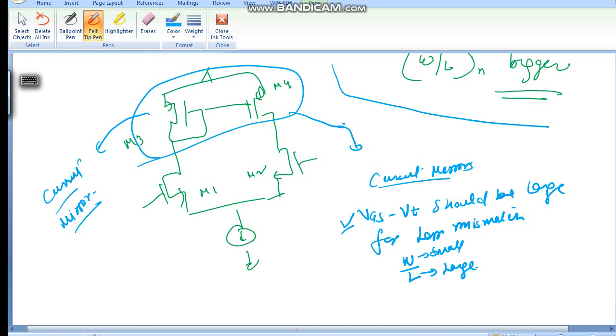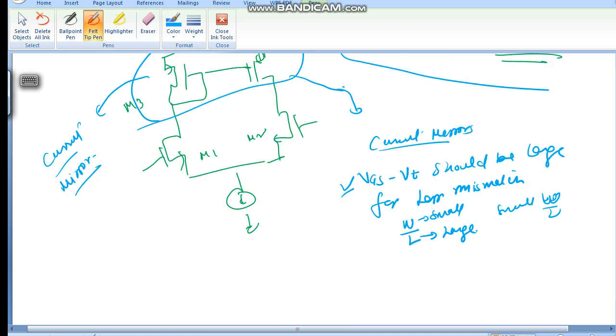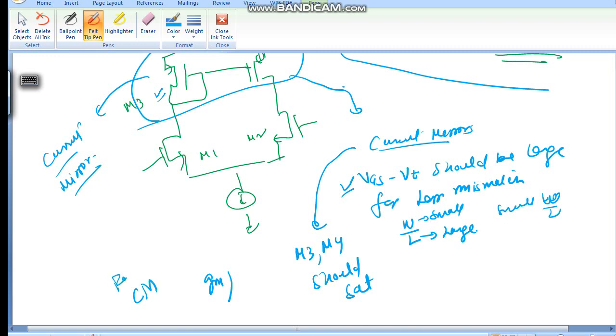So the W by L ratio should be small, so that VGS minus VT is large. So these devices M3, M4 should be in saturation. Another thing we have seen for the current mirror is that GM by ID should be small, which is in the saturation region.